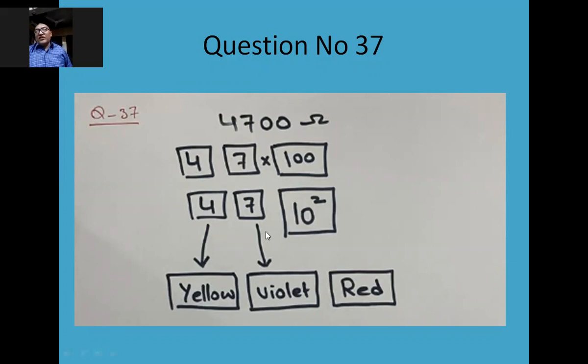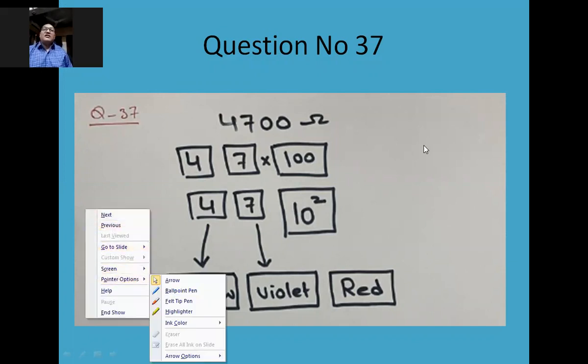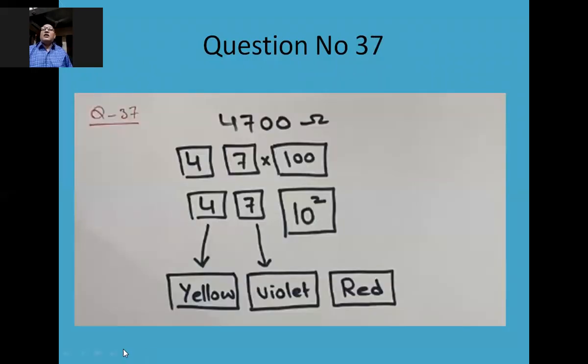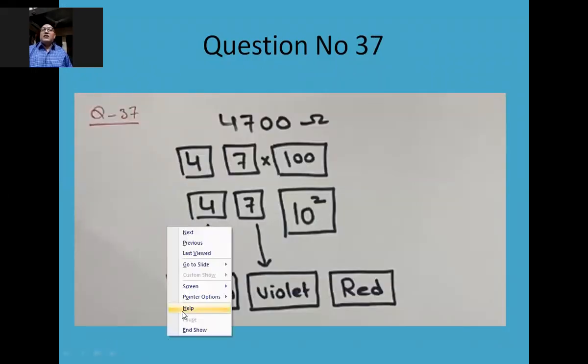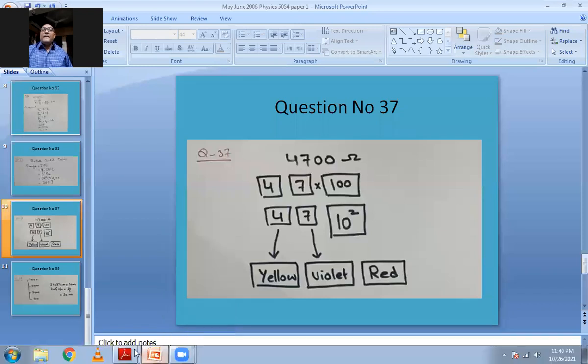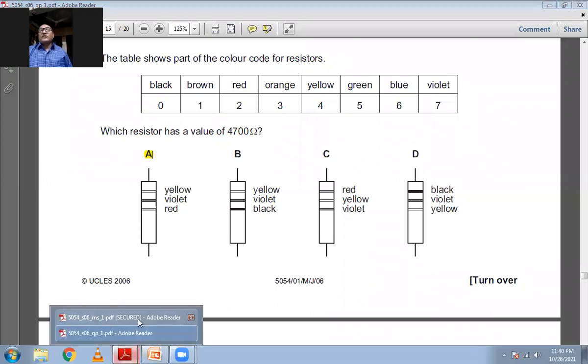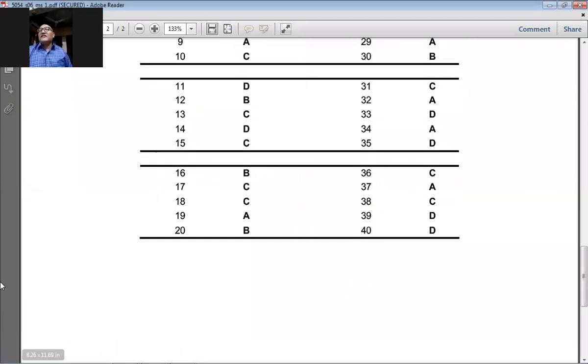So 4 is yellow, 7 is violet, and this 2, which is 10 raised to power, that will be red. So A is the right choice. Question number 37. A is the right choice.